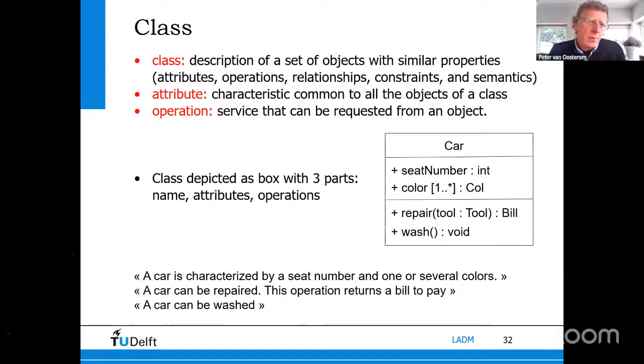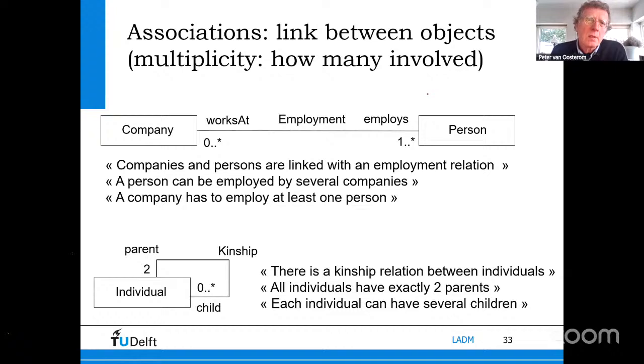This is the recap of UML. A class is the core element, with class name, attributes, attribute types, multiplicity, and operations. Associations link different classes. They also indicate the multiplicity, how many entities can be linked on the other side.